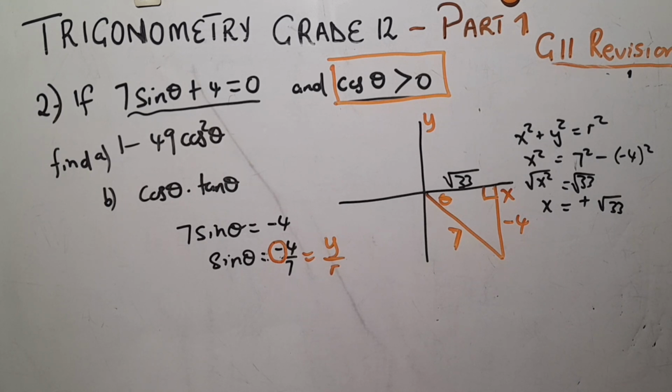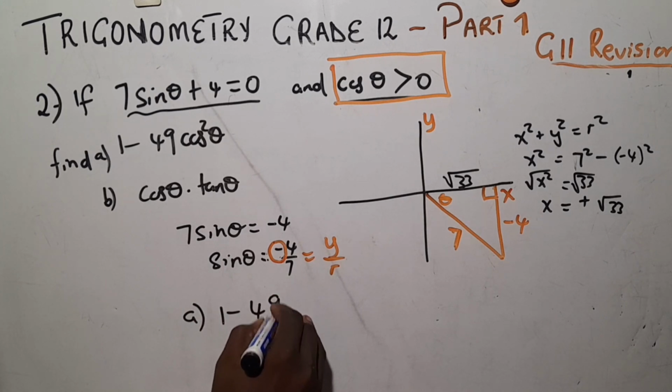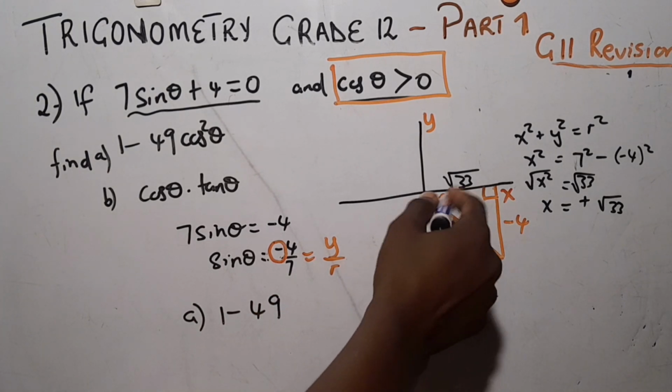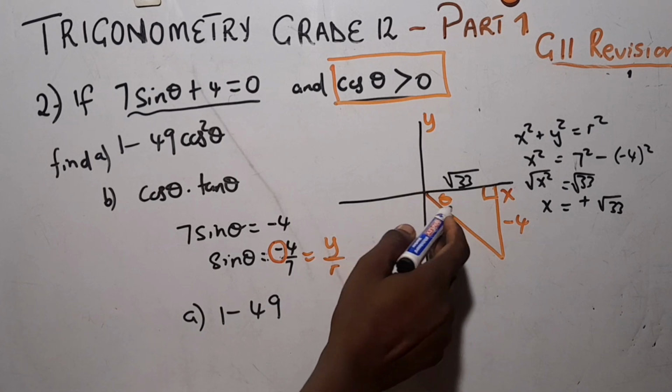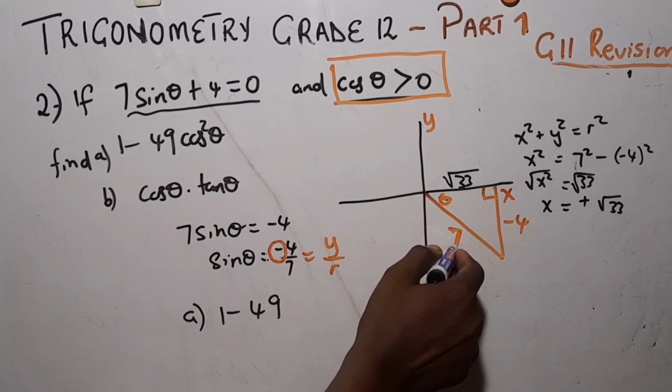Now let's solve what we're given. They said we must solve 1 minus 49 cos squared theta. So our first step, that's 1 minus 49. And look here, what is the value of cos? Cos is adjacent over hypotenuse.